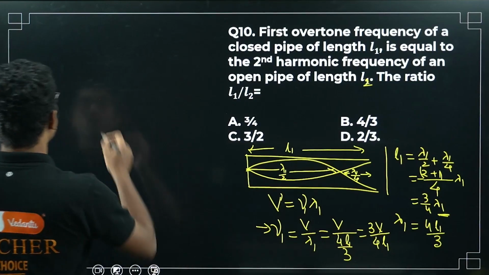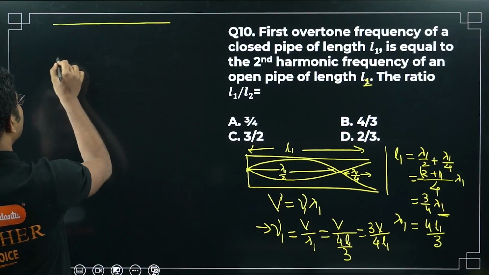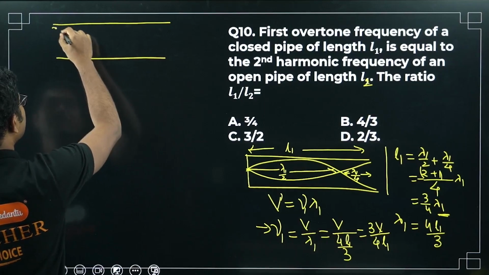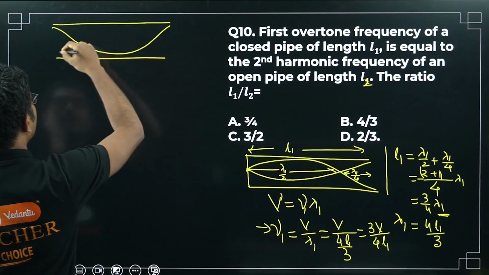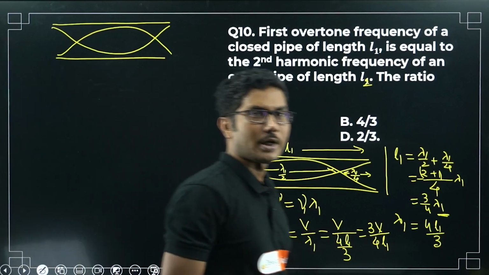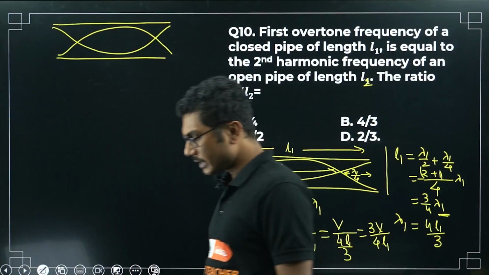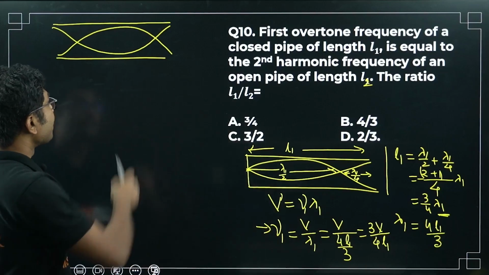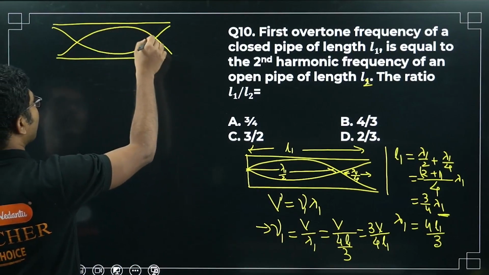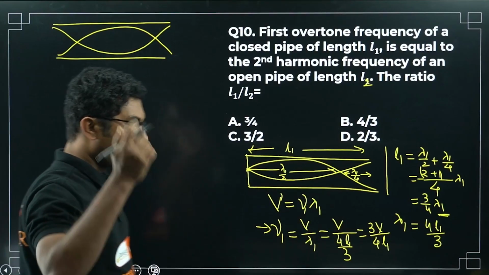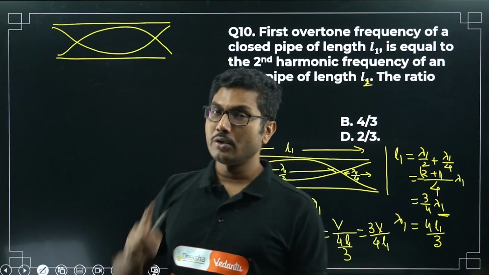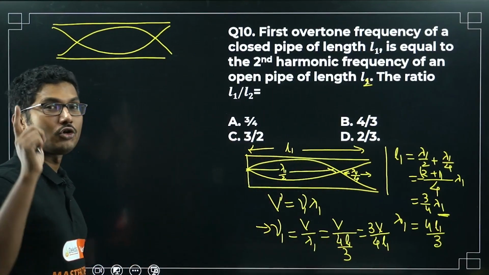Now what is that for the open pipe? Again, the second harmonic is there in the open pipe. So in an open pipe, the first harmonic is like this, and the second harmonic is when you get a wave like this. Now you have to understand that in an open pipe both sides will have an antinode, and a node in between. Generally, for the first primary wavelength there will be one node; for the second harmonic there will be two nodes, right?